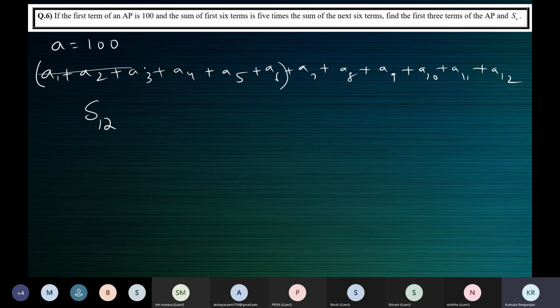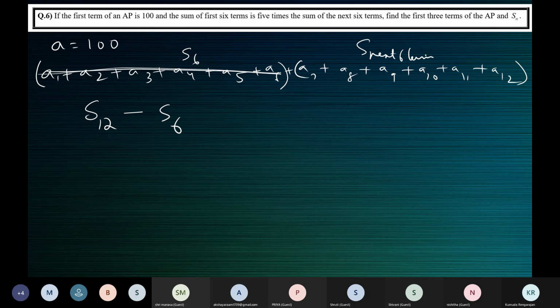If you're removing this, that means you're taking away S6. Then you're left with A7 to A12, the sum of the next 6 terms. You can make a note of this however you want. So S12 minus S6 is the sum of the next 6 terms.